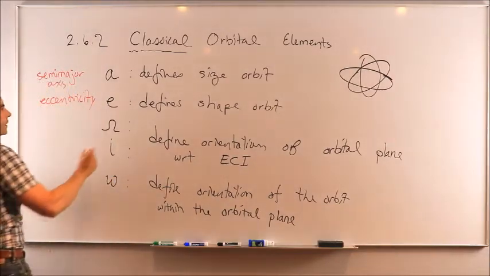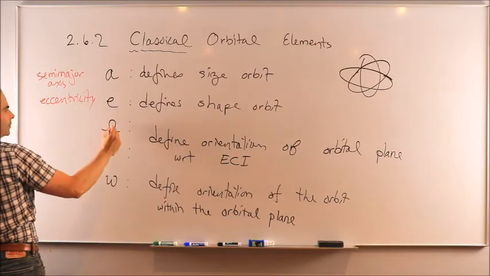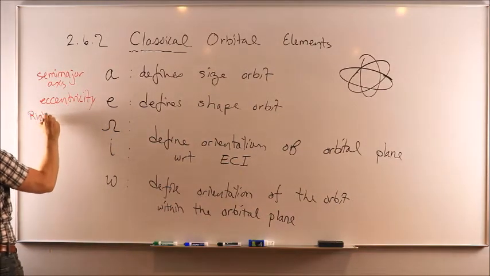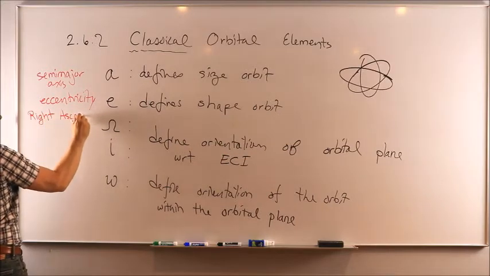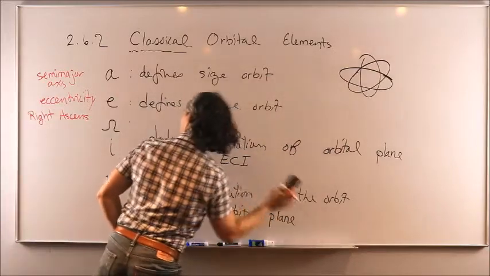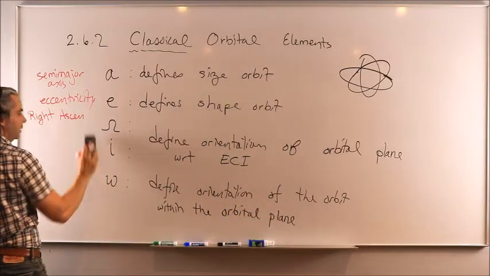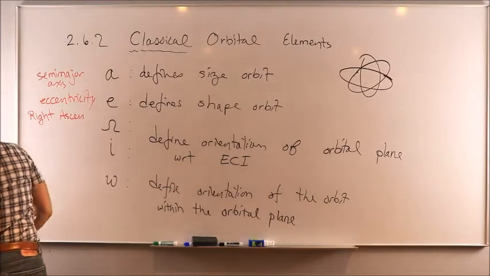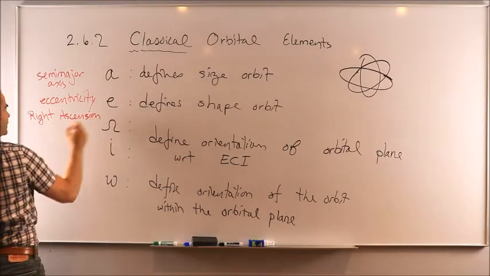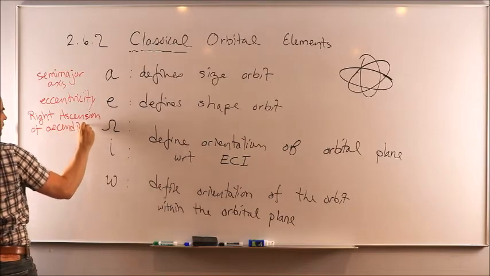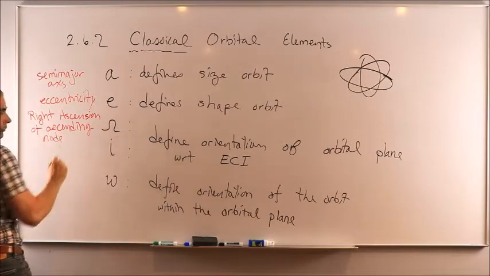Okay. This one here, capital omega, is known as the right ascension. With a C perhaps. Oh, with T. Is it a C or a T? That's an S, right? Ascension of ascending node. That's quite a mouthful.